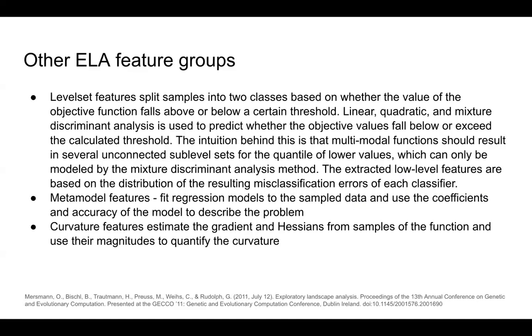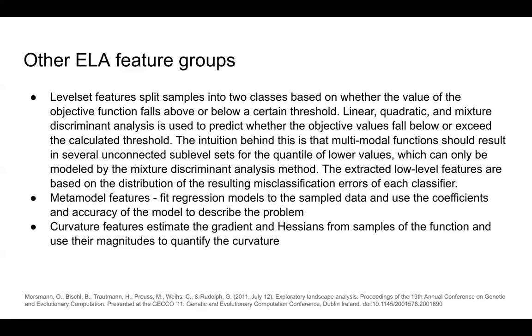And then there are other ELA feature groups, which I won't be explaining in detail, but for example, there are the level set features, which are splitting the samples into two classes based on some threshold of the objective function. And then different kinds of models are fitted to this data, and their performance values or accuracies are used as features.